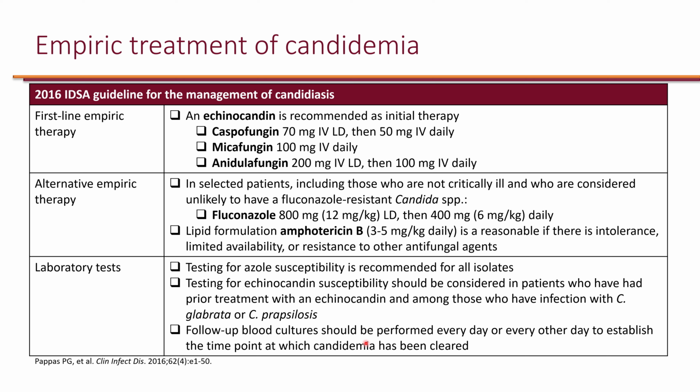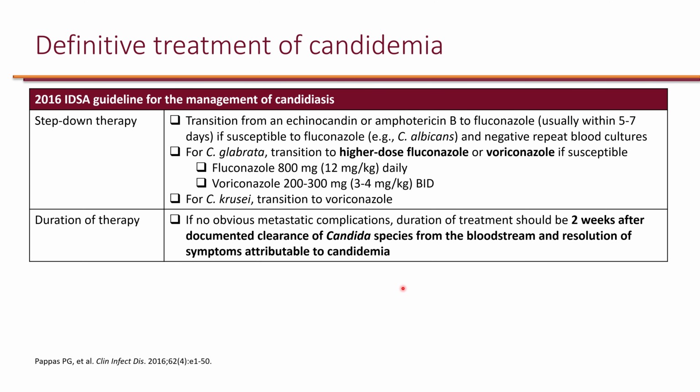So if you keep getting daily cultures and the culture continues to be positive, your day 1 hasn't started yet, even though you've been giving echinocandin to the patient. But then on the day that you have a negative culture, that's where you mark it as day 1. And then, if you are to treat the patient for 2 weeks, starting from the day that the follow-up culture was negative, you do treatment for 2 weeks.